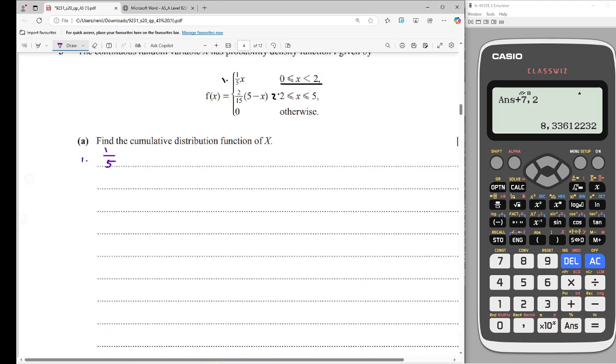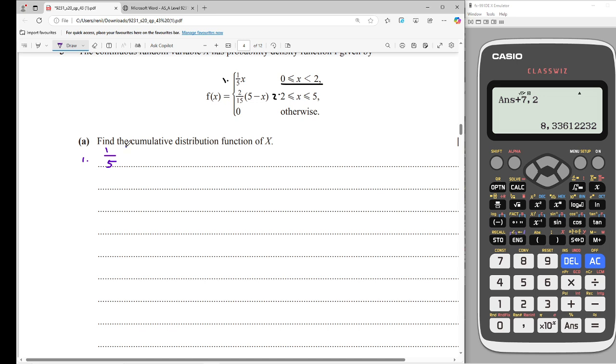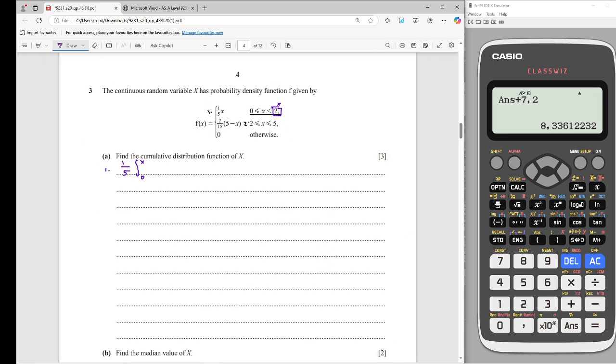Zoom this in a bit. Yeah, 1 by 5 integral with limits. Now whenever we integrate to find the CDF, we replace our upper limit with x. So 1 by 5 times x, and our lower limit is 0. Okay, and what we need to integrate is x, right?